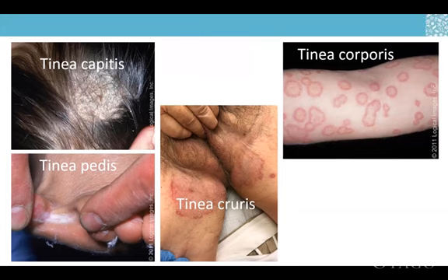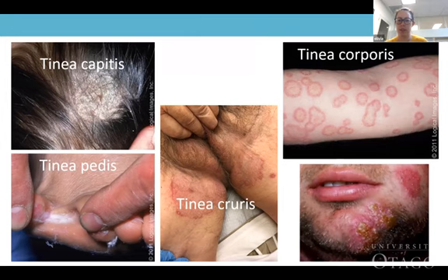Corporis. Yep, tinea corporis. In this particular area on a male, it's got a kind of weird name, but tinea barbae, which just means it's in the beard, essentially.